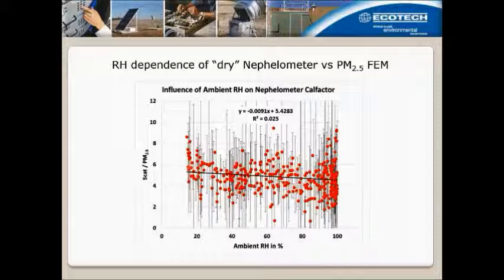If I had particle growth, the scattering should get bigger and bigger, and it doesn't really show an increase, so there's no growth, and that's basically a good thing for the dry measurement.